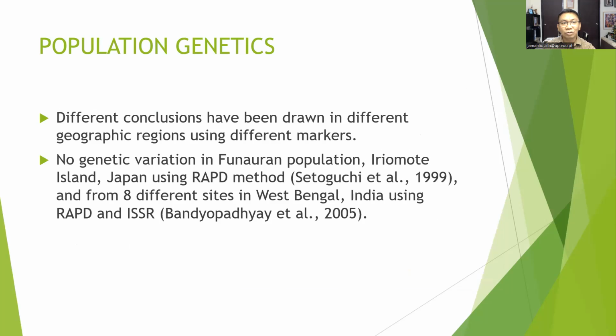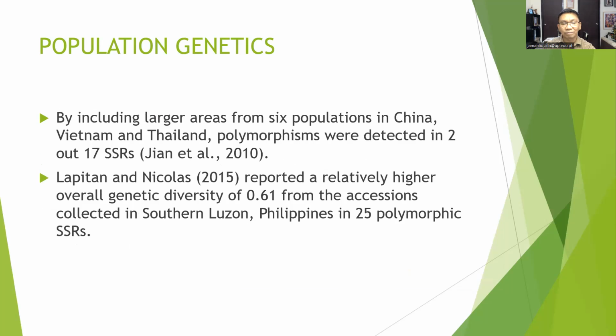In terms of population genetics, different conclusions have been drawn in different geographic regions using different markers. In fact, some studies would suggest that Nipa populations did have genetic variation. By including larger areas from 6 populations in China, Vietnam, and Thailand, polymorphisms were detected in 2 out of 17 SSRs.